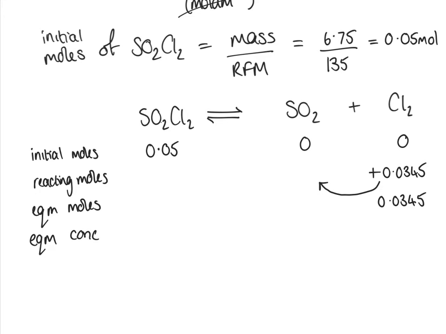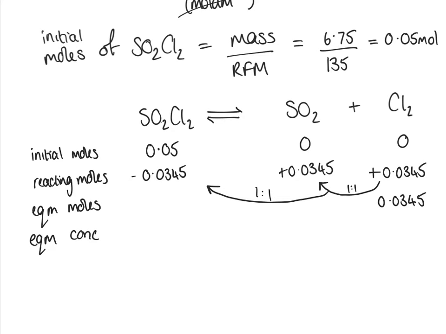Yep, so my ratio is 1 to 1. So it's also going to be plus 0.0345. And then my reacting moles of SO2Cl2, again my ratio is 1 to 1. But what is my sign going to be this time? Minus, because I'm using up some of my reactants.